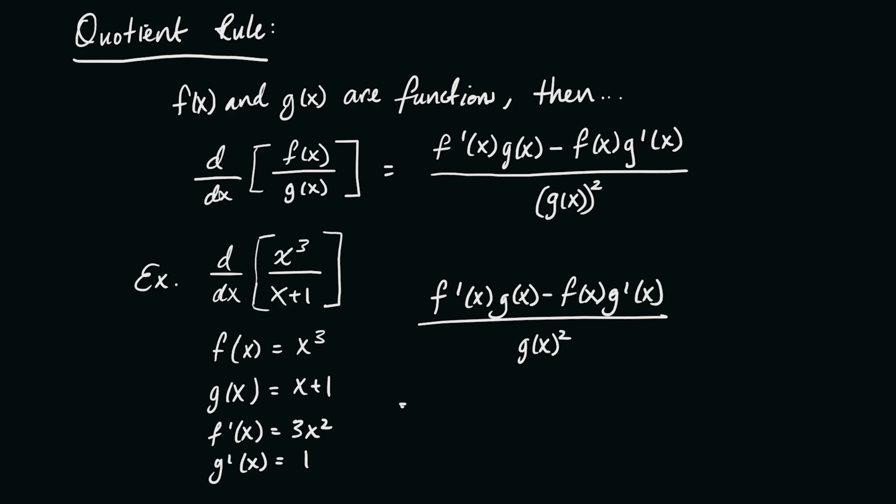So now once we put it inside the equation here, f prime of x is 3x squared times the g of x, which is x plus 1, minus f of x, which is x cubed, times g prime of x, which is just 1, so we can keep it the same here. And that will be all over g of x, which is x plus 1, squared.